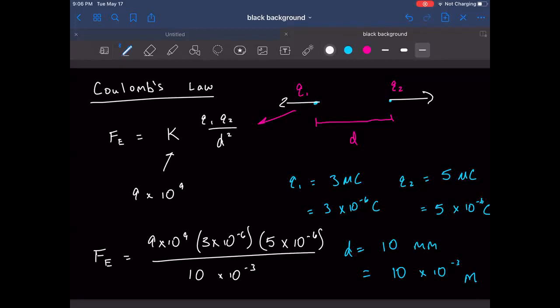Like charges repel, opposites attract. Repel, because these are both positive quantities, right? There's nothing there, they're positive numbers.